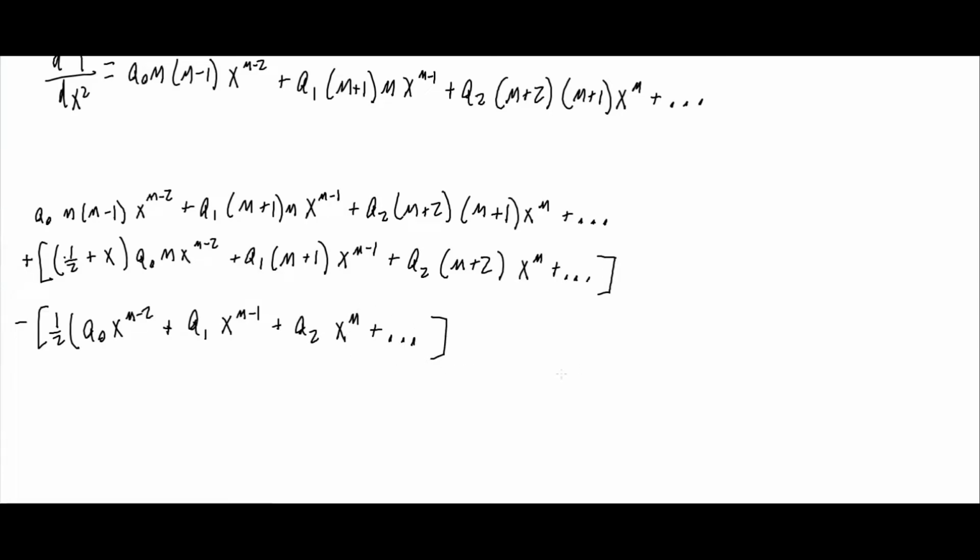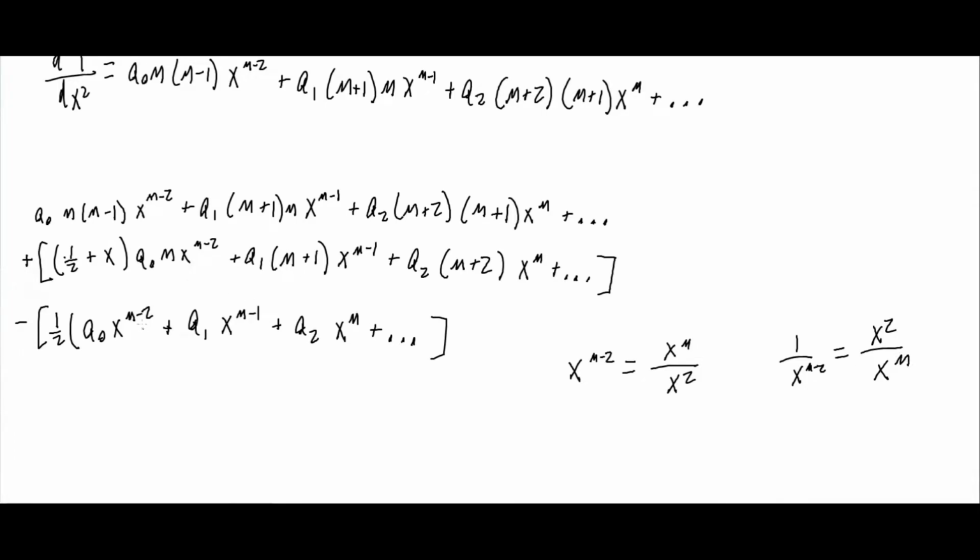And so we can see that x to the m minus 2 is just equal to x to the m over x squared. And so if we divide by x to the m minus 2, that is equal to multiplying by x squared over x to the m.